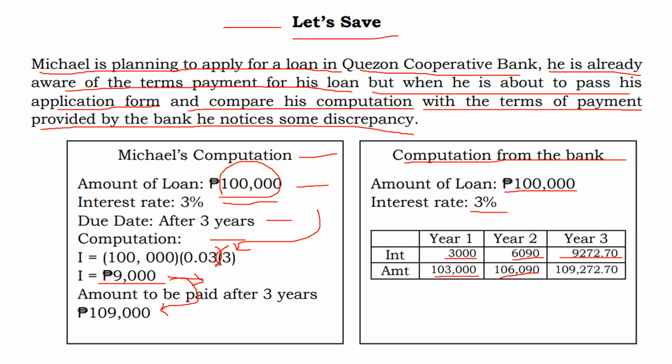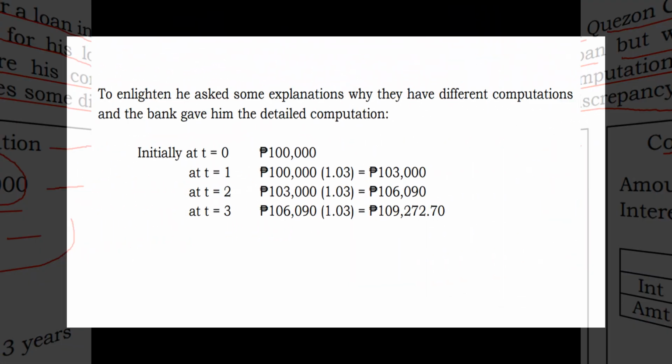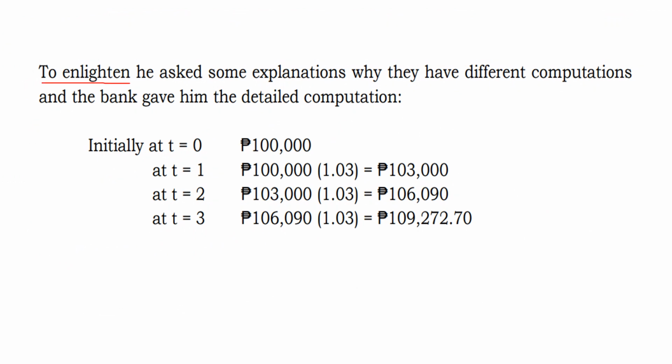So that's the only observation that we can get from this table, that the interest computed by the bank is more than the computed interest in what Michael did in this computation. So to enlighten, he asked for some explanations why they have different computations, and the bank gave him the detailed computation.